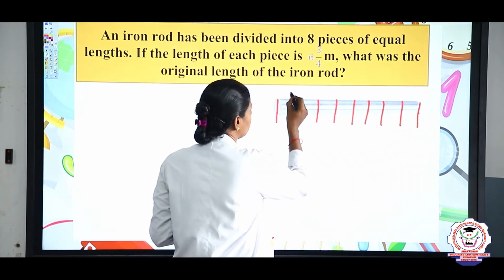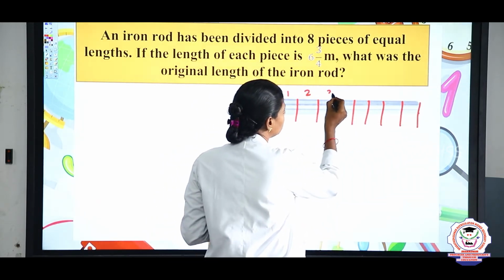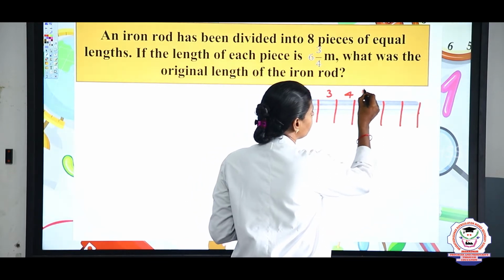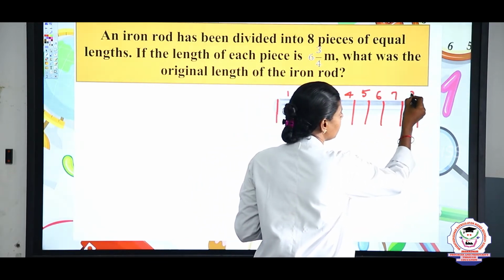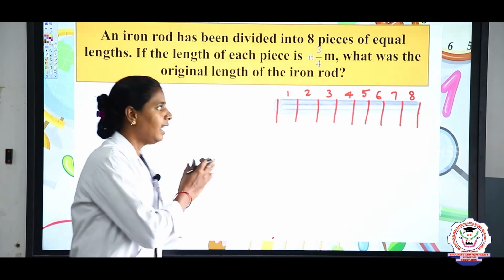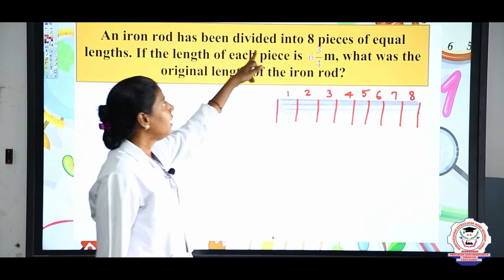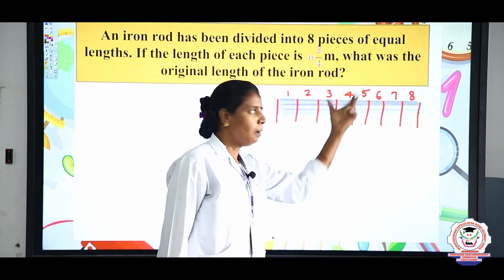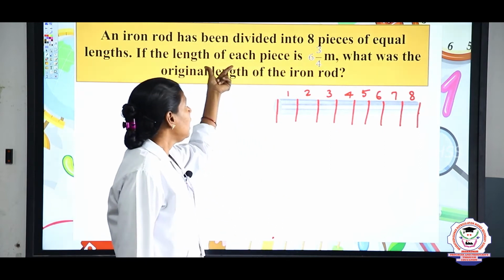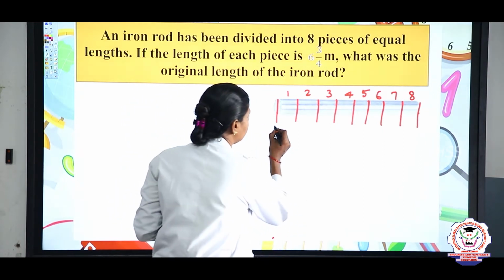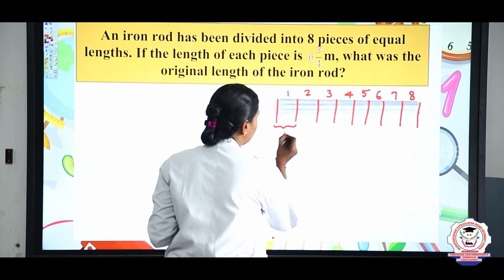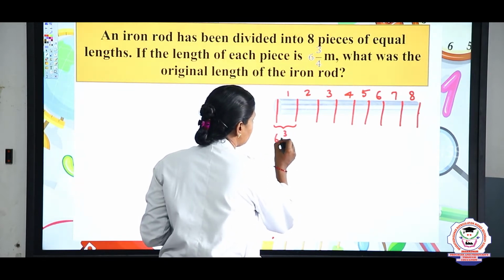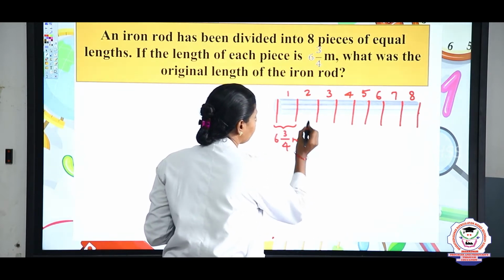The iron rod is divided into 8 equal parts and the length of each part, that is the length of this one part, is 6 3 by 4 meter.